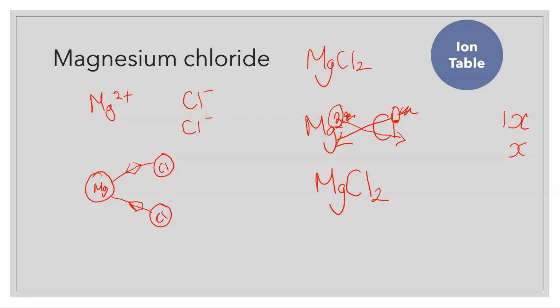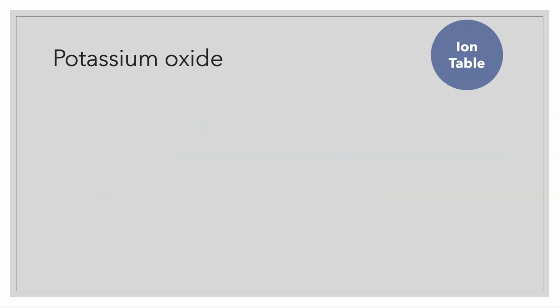Okay, let's look at another example. So this time I want to build the chemical formula for potassium oxide. So looking at our ion table, we need to find the ion for potassium, which is K+, and oxide, which is O2-. Okay, so the first method, you would just look at trying to cancel out the 2-.